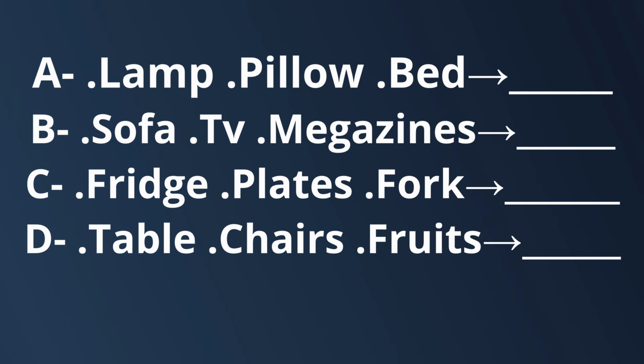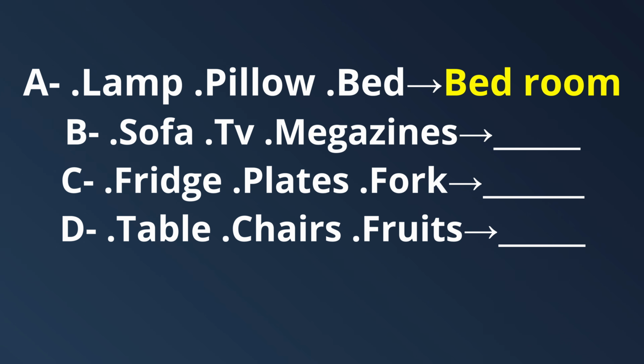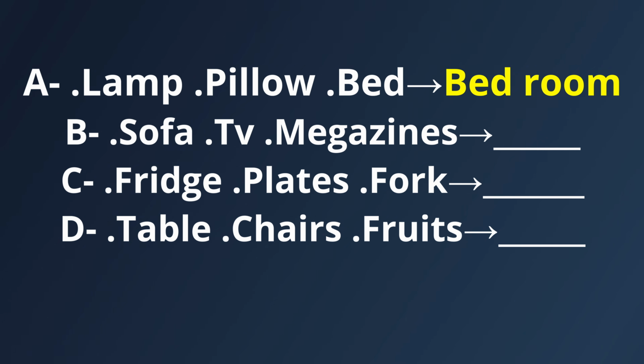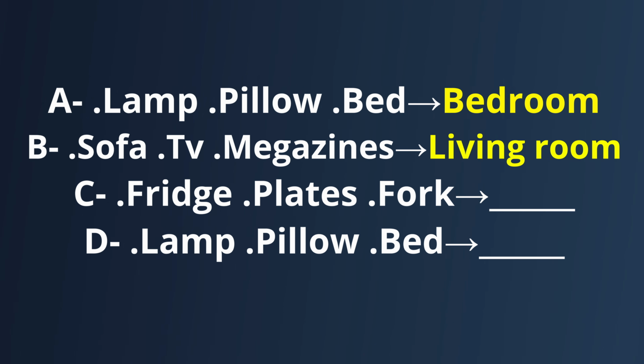Lamp, pillow, bed: of course in the bedroom. Sofa, TV, magazines: where do we find these normally? In the living room. Good.